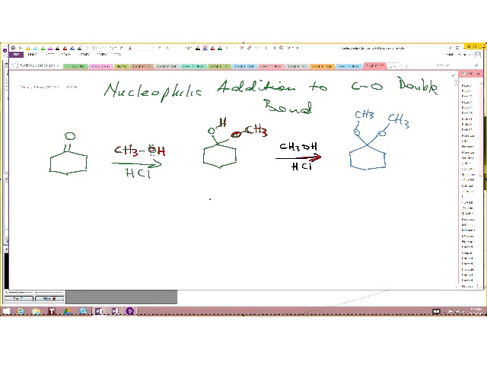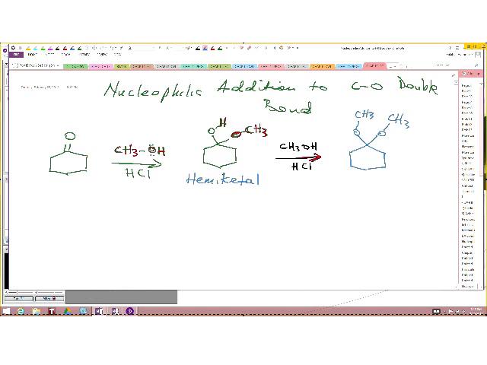Now, the first product that we got here as a result of nucleophilic addition, we call this a hemiketal. The hemiketal is that in which you have the alkoxy group attached to a carbon atom, and that carbon atom is also attached to a hydroxy group. In this case, that carbon is also attached to two carbon atoms coming from the ketone.